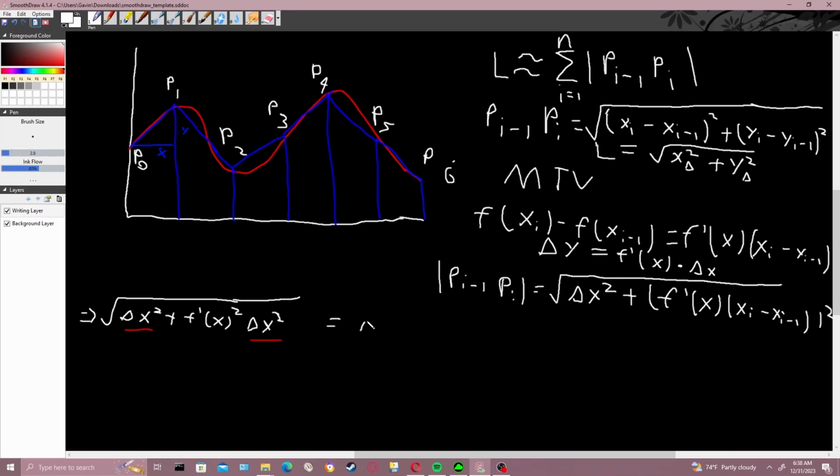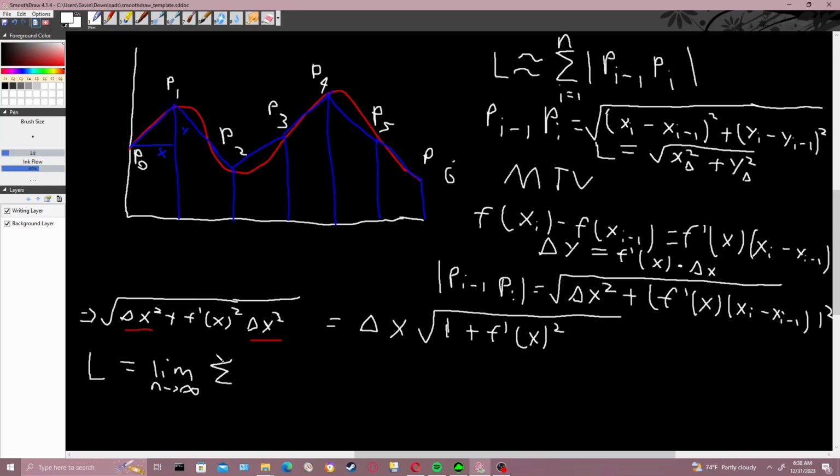This equals the change in x times the square root of 1 plus f prime x squared. That is revolutionary. Now our exact length will become L equals the limit as n approaches infinity.